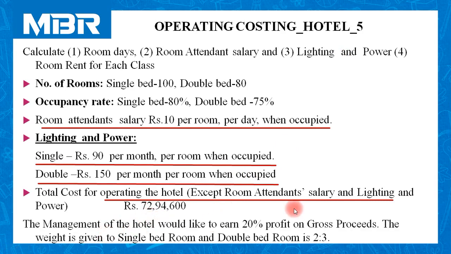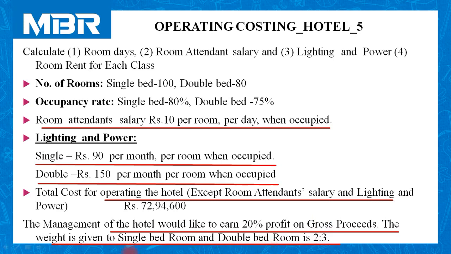The management of the hotel would like to earn 20% profit on gross proceeds, 20% profit on income or revenue, whatever you say, gross proceeds. The weight given to single bedroom and double bedroom is 2:3.